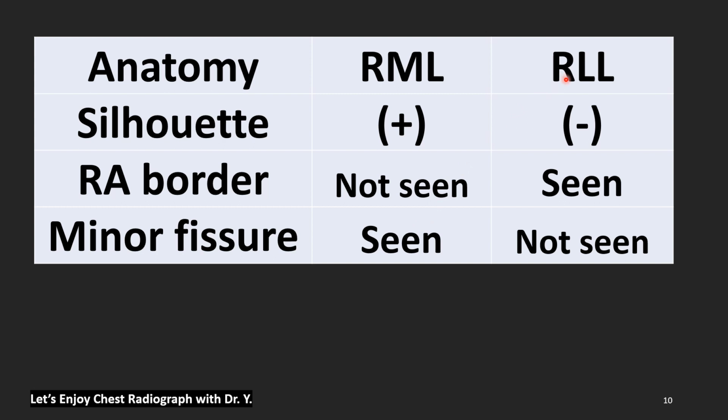And the right side film was actually a right lower lobe lesion. Silhouette sign negative. Why? Because the right heart border, actually the right atrial border, was seen. And the minor fissure was not contrasted with consolidation.